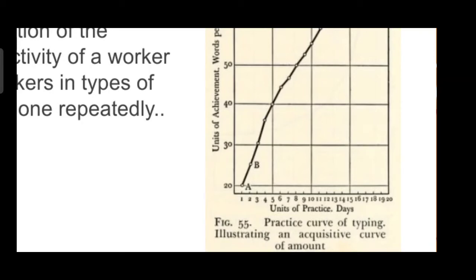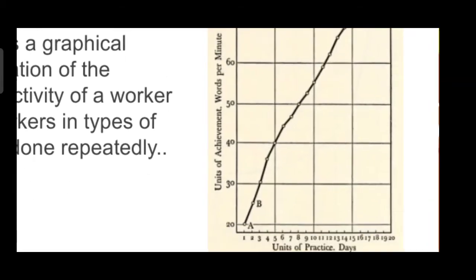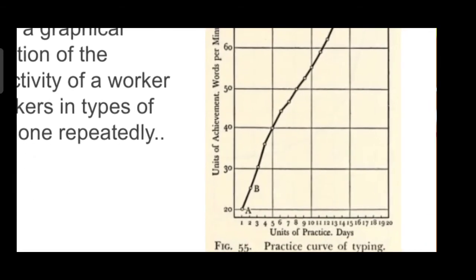So, tanawan ninyo, nagtig kataas sa first day, ang iyahang kayang ma-type is 20 words per minute ra. Second day, ang kaya na niya is like 25. Third day, 30 words per minute na.